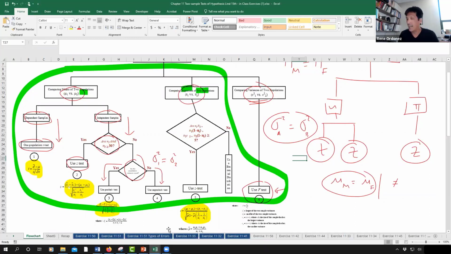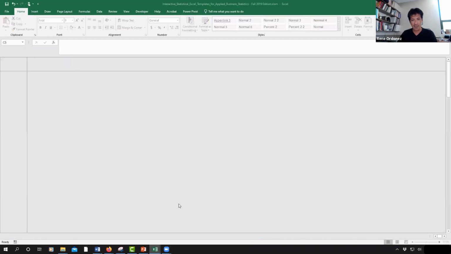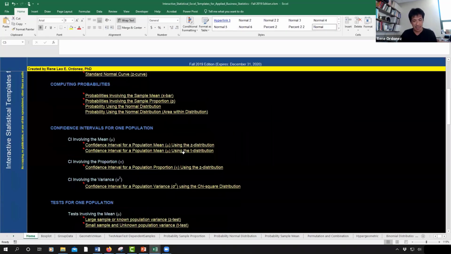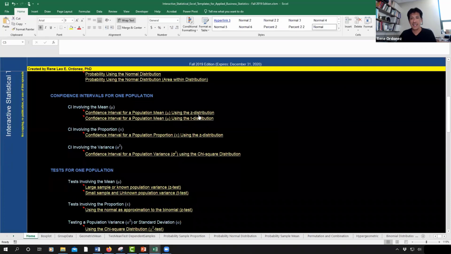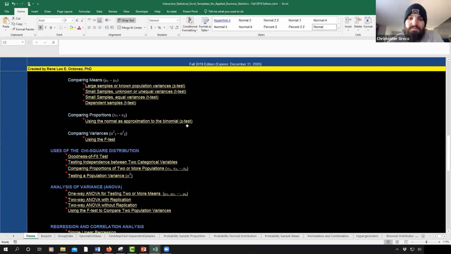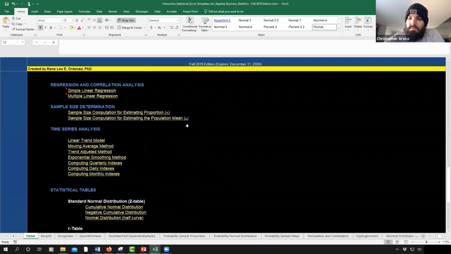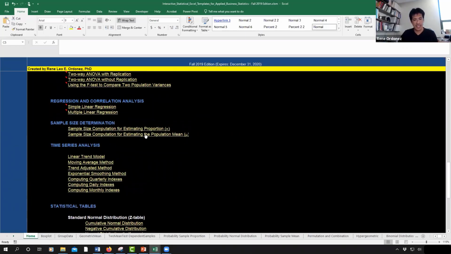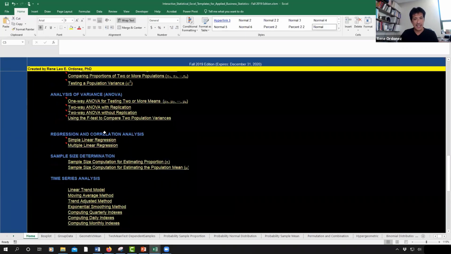Okay. All right. I think the confusion really arose from the use of this template here. Do you see the interactive template on your screen? Yes. Okay, good. So let me approach the solution differently.